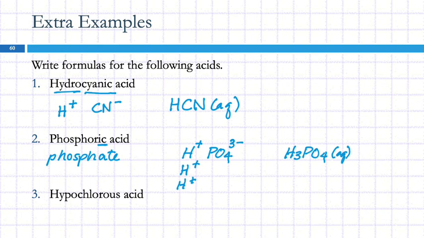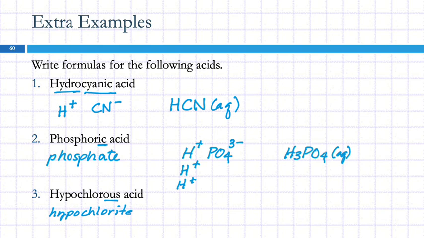But this is hypo, which looks a lot like hydro. Just take this P, tip it upside down and around, it would make a D, and only forgot the R. So we're going to change this -ous ending to -ite. So this is hypochlorite ion.